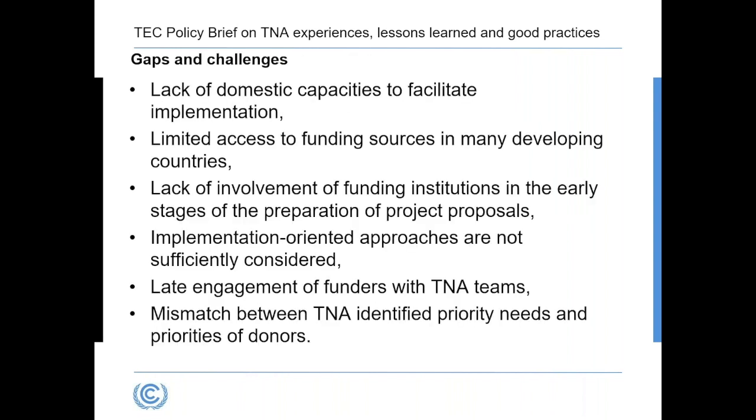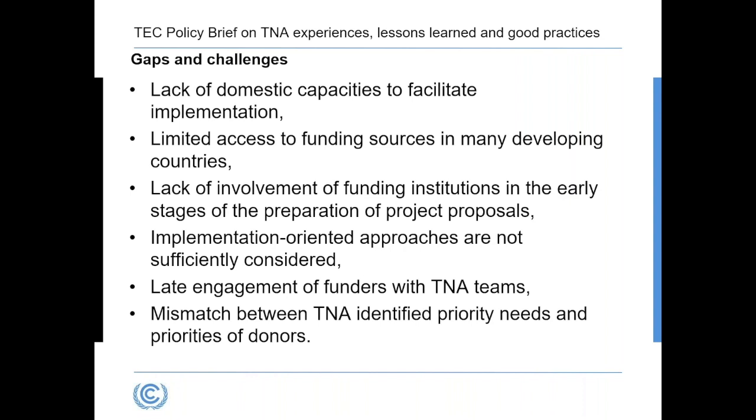So take a look, and that's building on the barriers, but here are the gaps and challenges reported, like lack of domestic capacities also to take these reports and implement them, basically, not to write them. To write them, we are pretty fine and perfectly well. To take them and implement them, there are many whys, but still, this is the fact. Then there is limited access to funding sources in many developing countries, still, although there are new schemes, which I learned about in Kenya, for example, or Uganda and other countries.